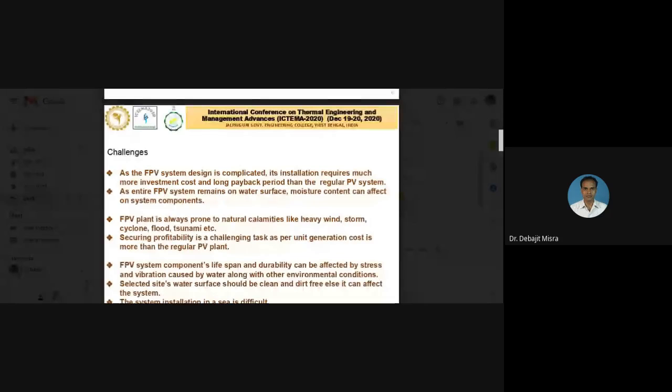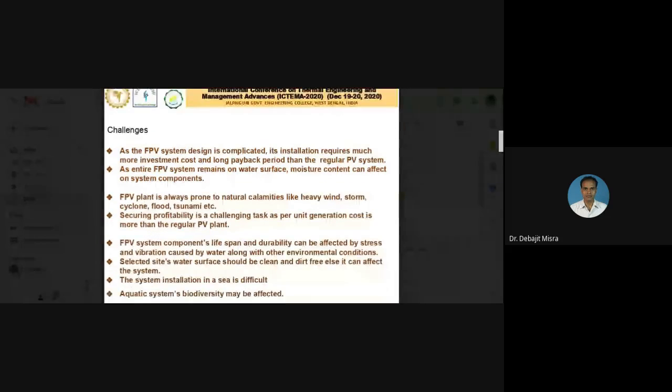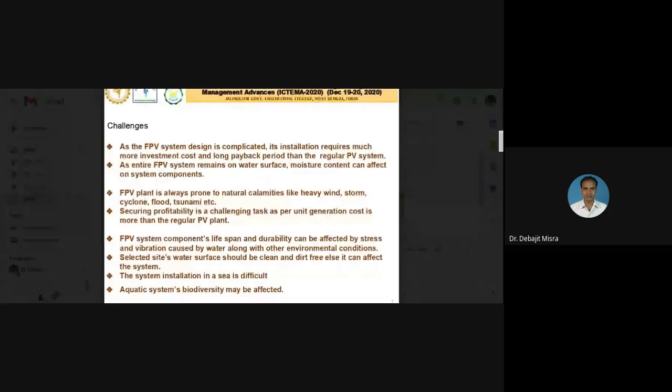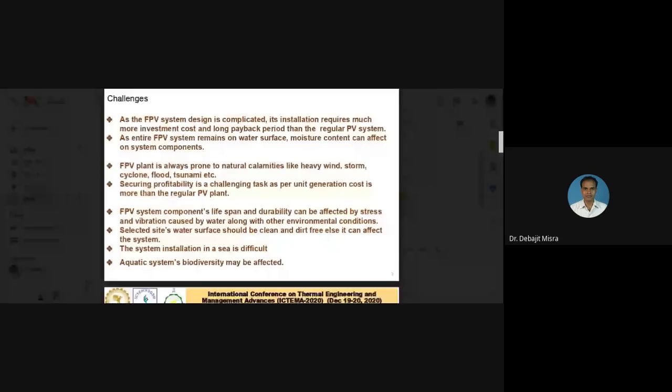Two years earlier, one solar plant in Japan broke down due to natural calamity. Securing profitability is a challenging task because the cost per unit of generation is more than a regular plant, durability is also a concern, and safe installation is difficult.